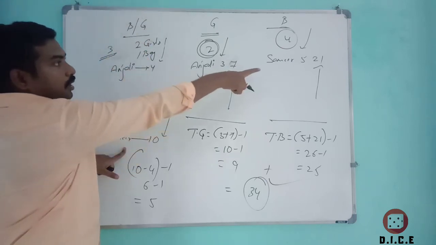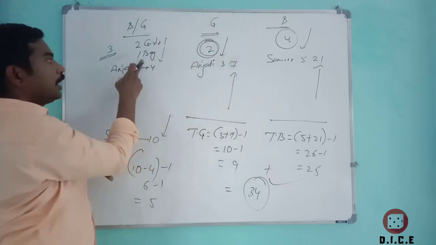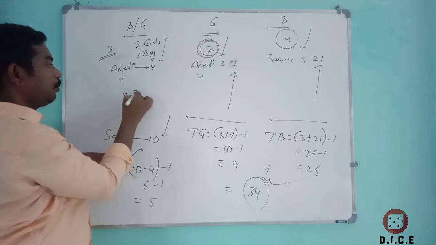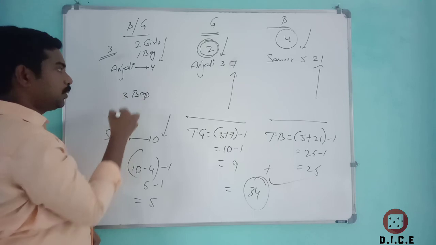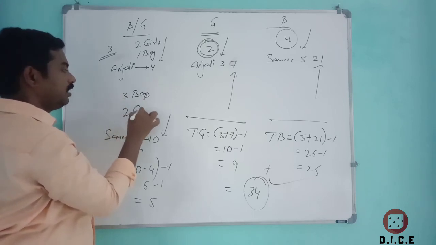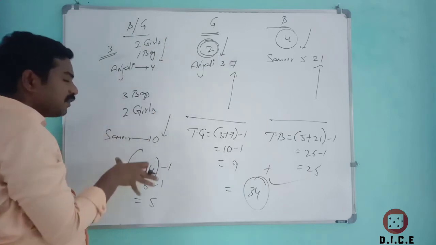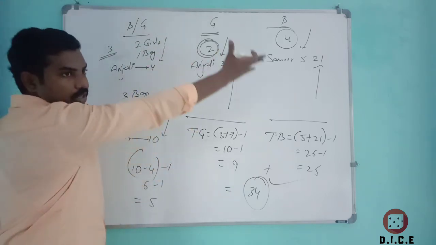In the case of boys, there should be 4 boys ahead of Samir. Already 1 boy ahead of Anjali is accounted for. So definitely there will be 3 boys between Anjali and Samir, and if 3 boys are between them, then there will be 2 girls between Anjali and Samir. So this question must be compared with the case of girls and the case of boys. Then only we will get it.